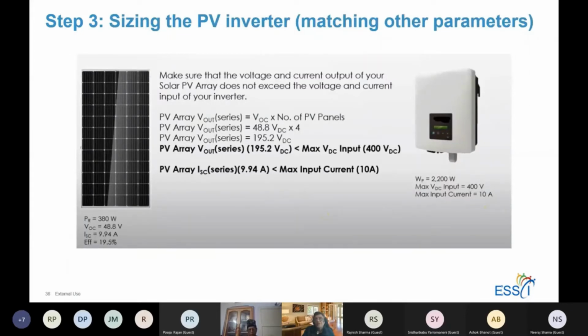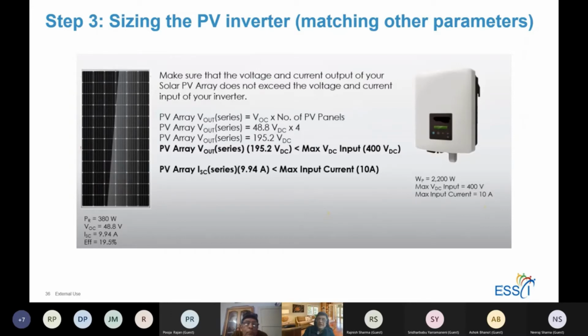If you take your 4 PV modules and put them in one string, you know that the voltages will add up, the current will remain the same, but the voltage will add up, and therefore the maximum voltage of the PV array is going to be 195 volt, which is less than the maximum voltage that is taken by the inverter, which is 400 volt.